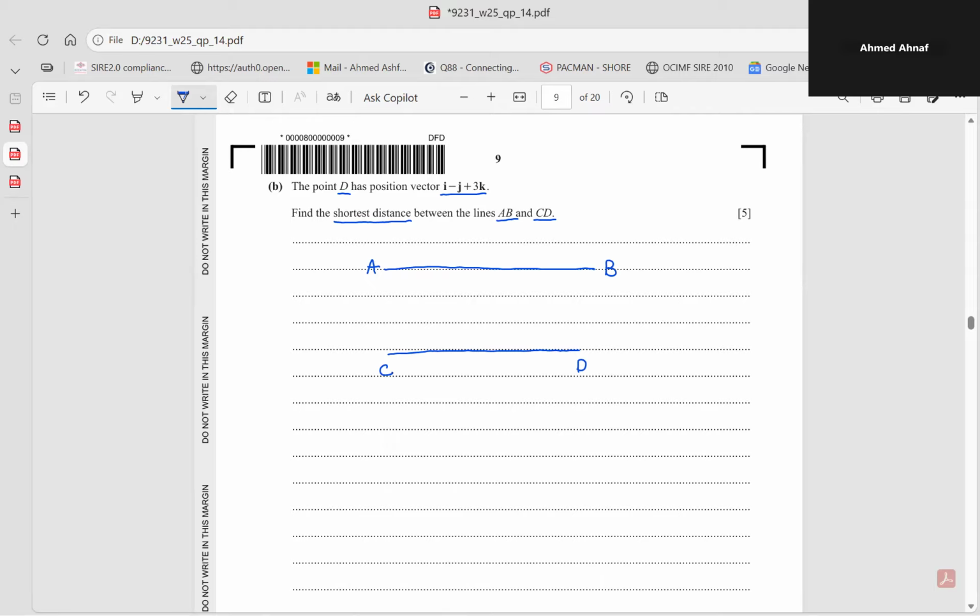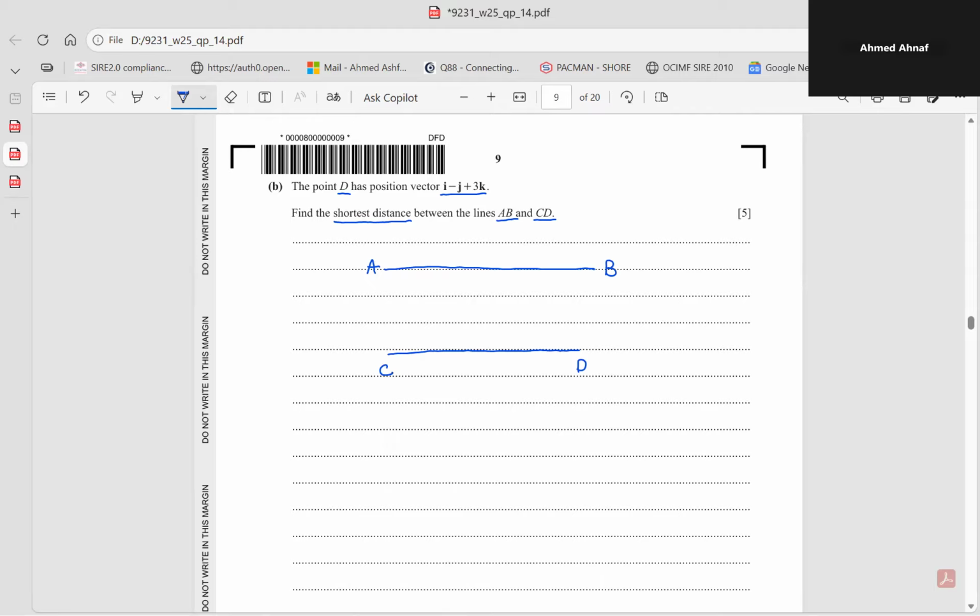Now to find the shortest distance, this applies for points in your normal A-level maths as well as lines in A-level further maths. The distance from a point to a line is given by the perpendicular. The perpendicular is the line that connects the point to the line, and it is, of course, perpendicular to the line.